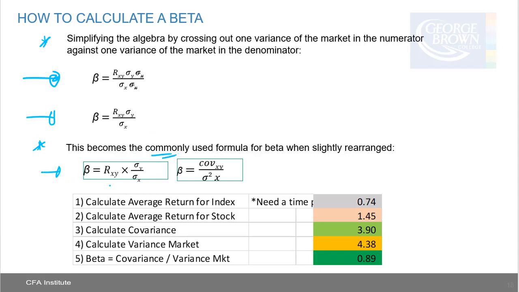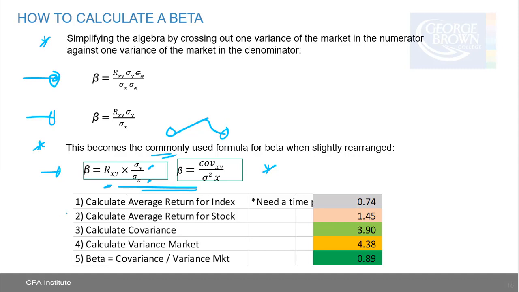So beta equals correlation of x and y times standard deviation of y divided by the standard deviation of x, and remember, x is the market. Or we could see beta equals covariance of x and y divided by the variance of x. Okay, I just went through that step by step. That's a nice to know, not a need to know, but you often see beta as two different formulas, and that was just how we get to it.